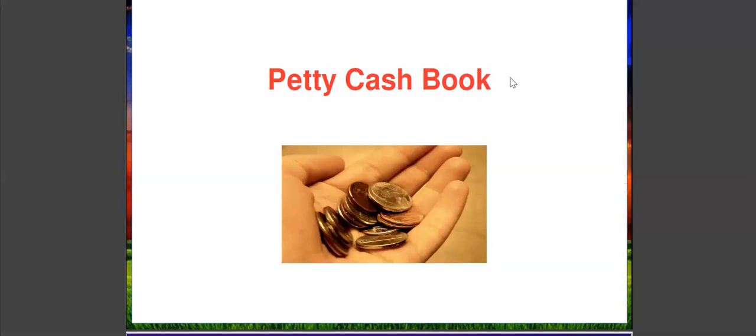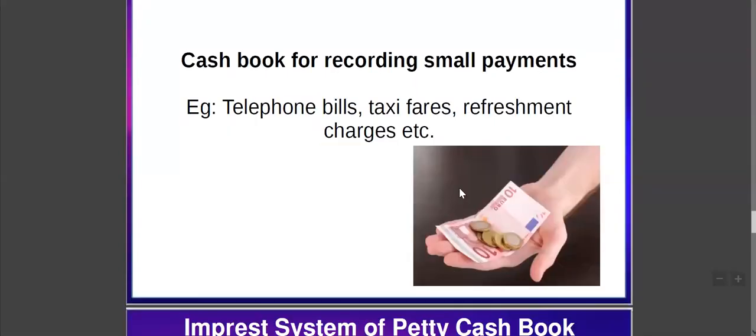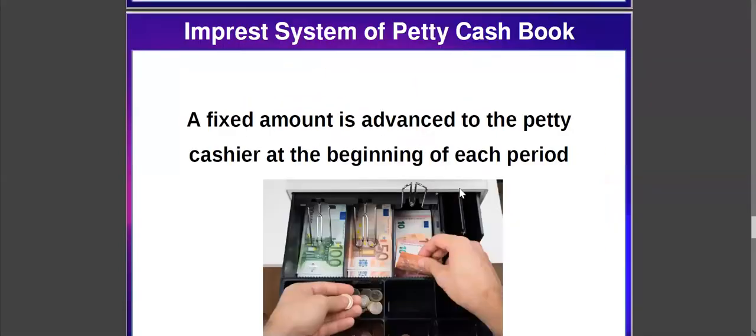Petty cash book: the cash book for recording small payments is called the petty cash book. For example, telephone bills, taxi fares, refreshment charges, etc. Imprest system of petty cash book.